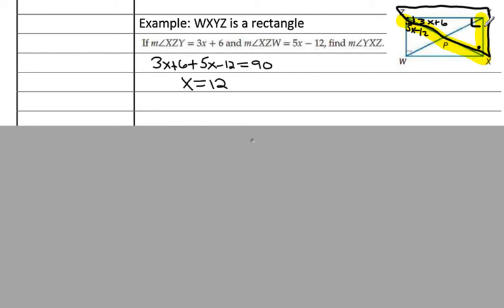We already know that this angle is 90 degrees. And this angle is 3x plus 6, so it's 3 times 12 plus 6, which is 42 degrees. So I'm going to go ahead and replace this angle with 42 degrees.